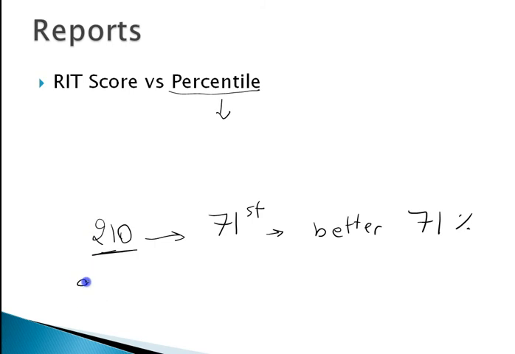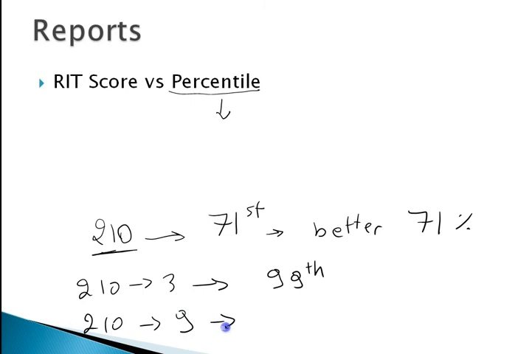So a 210 in grade 3 will give the student a 99th percentile, because that's very good. A 210 in grade 9 would give a low percentile, let's say the 25th percentile as an example, because the grade 9 student is expected to get a higher score, while the grade 3 student is expected on average to get lower than that, so achieving this is good.